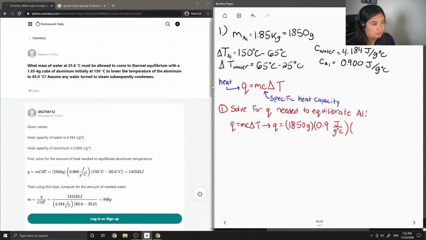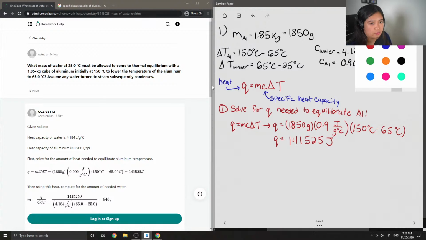And then I'm going to multiply by the delta T for aluminum, which was 150 degrees Celsius minus 65 degrees Celsius. Okay, so now that we did that, we can say the Q is equal to 141,525 joules.